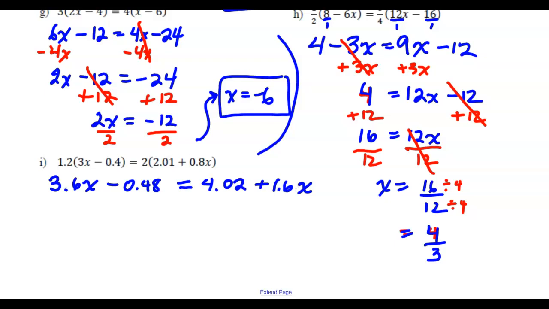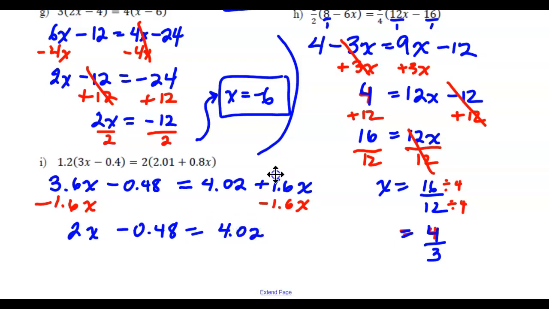And then the smallest x term is 1.6. So I'm going to subtract 1.6x from both sides. Computer's very slow right now.